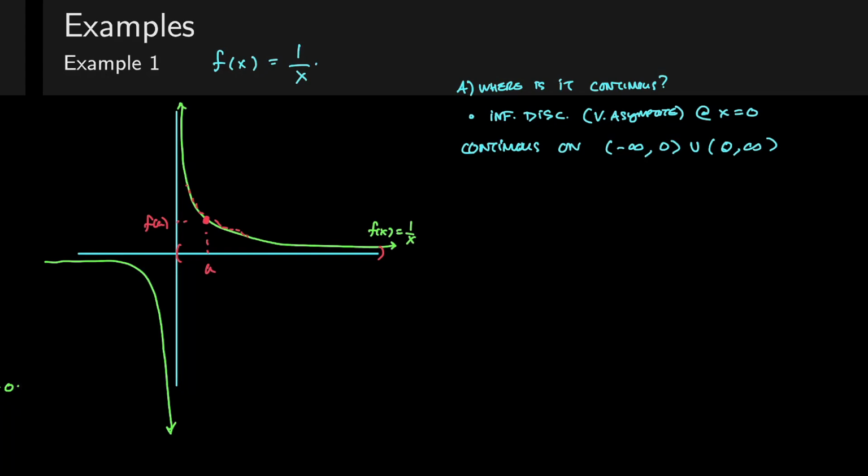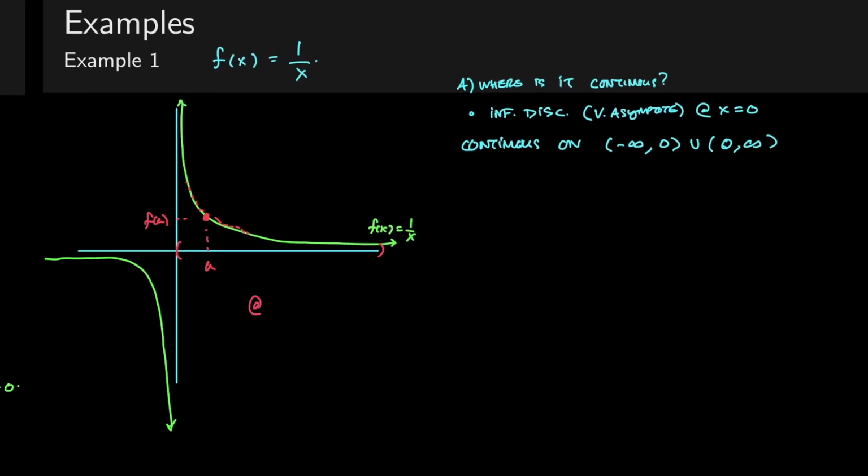But we see at A equals 0, the limit as you approach 0 from the right, and the limit as you approach 0 from the left. From the right, as we approach it, what happens?